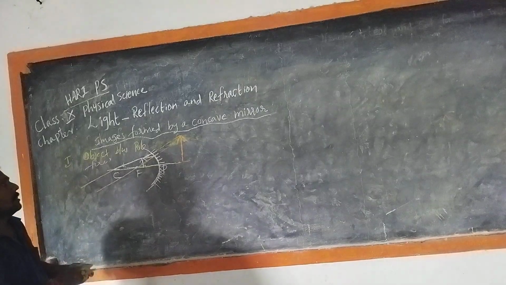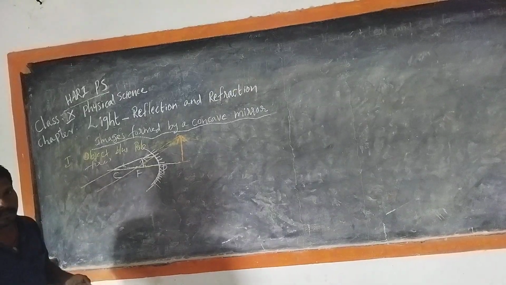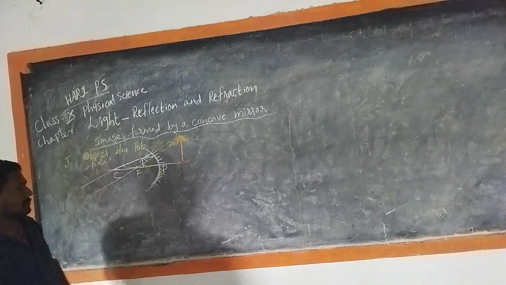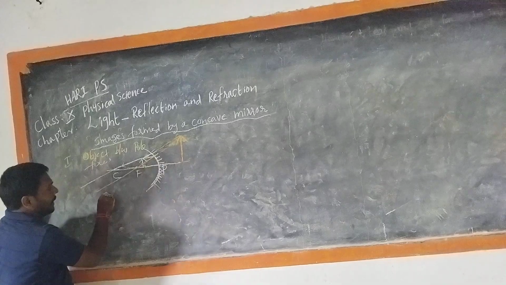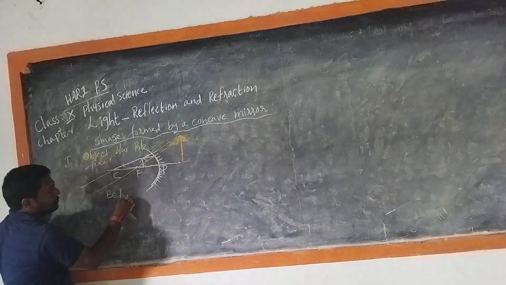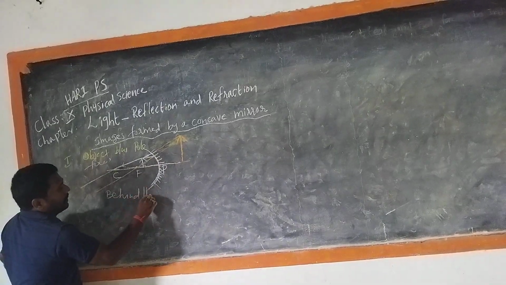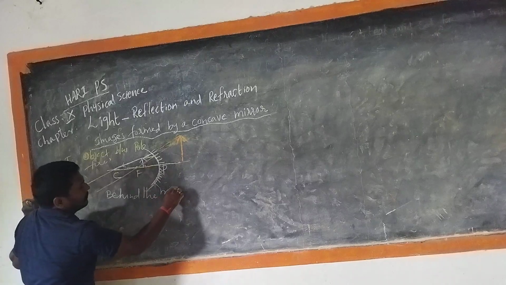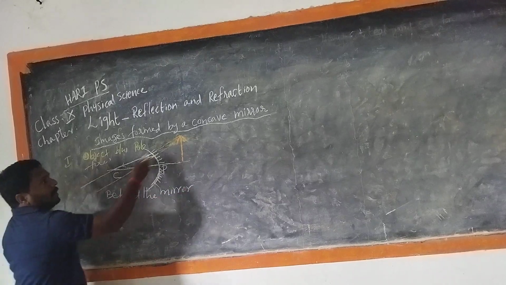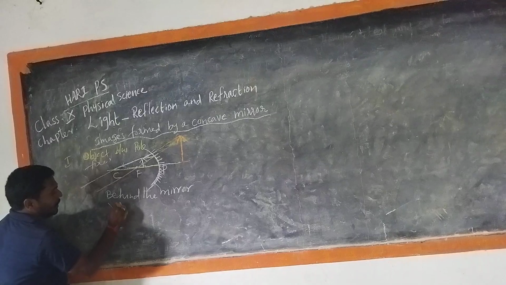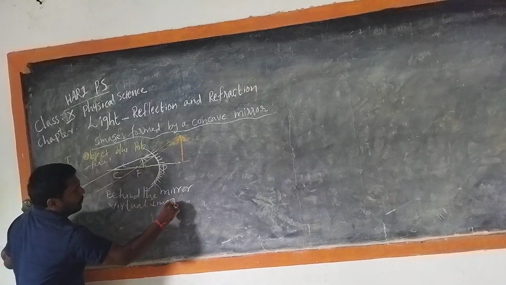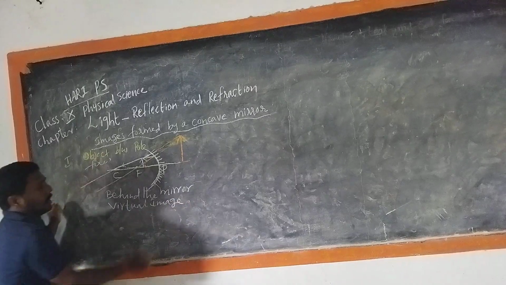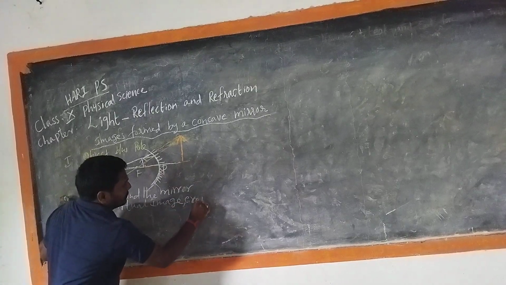So let us know the characteristics. Where is the image of the object formed? Behind the mirror. Virtual image is formed, and erect.